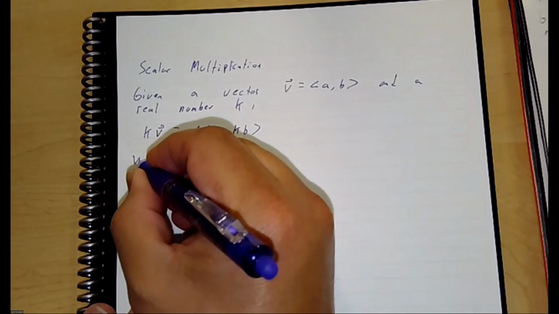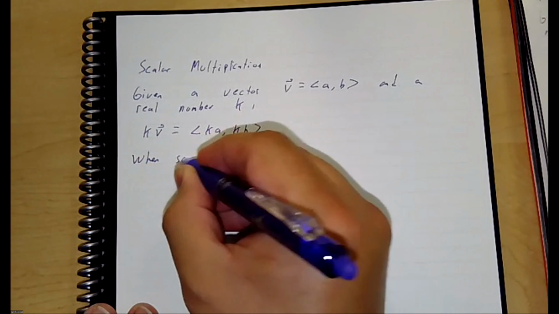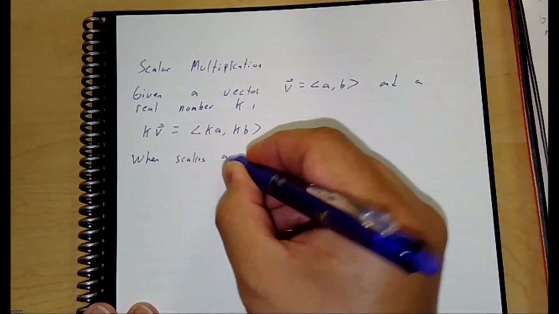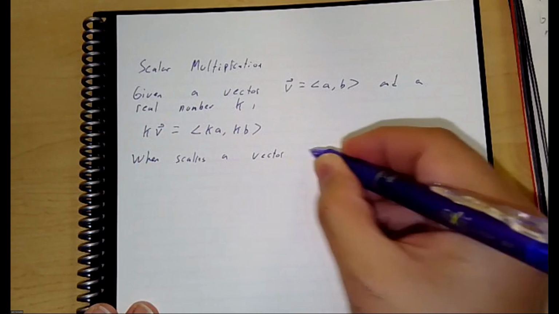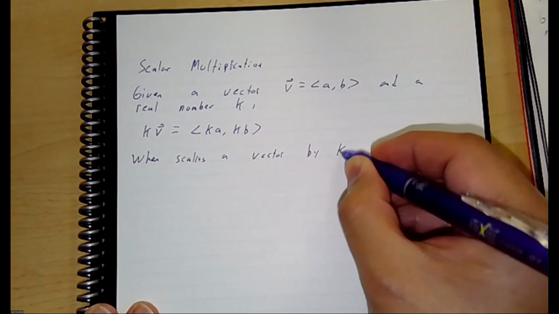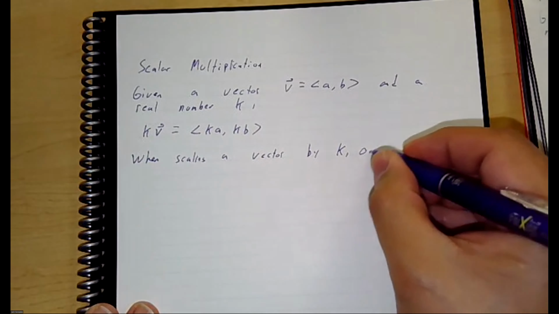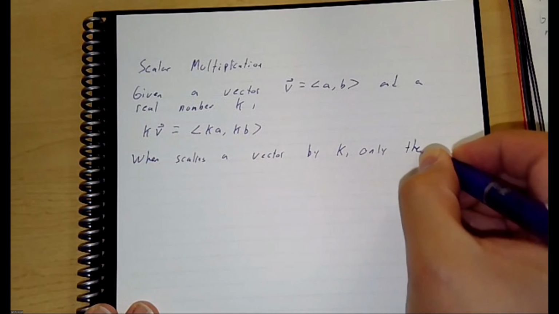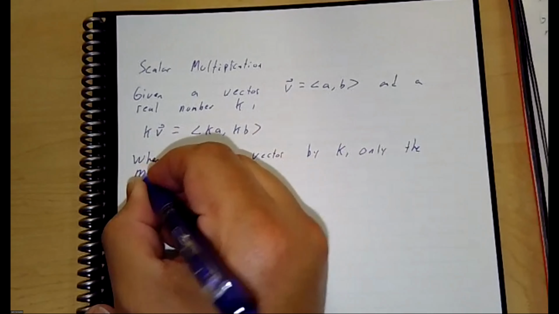All right. Side note here. When scaling a vector by k, only the magnitude changes.